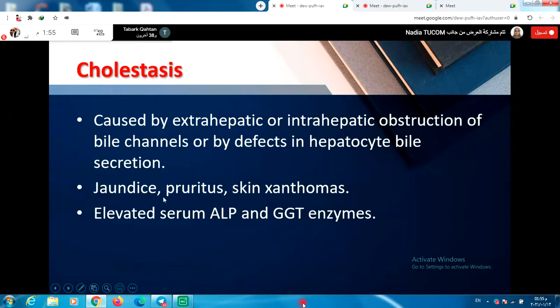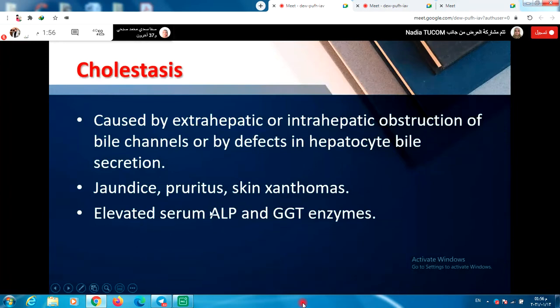Jaundice and pruritus are due to accumulation of bile salts within the skin, and skin xanthomas: cholesterol-rich bile secretion can accumulate as xanthomas, which are lipid-rich with associated foamy histiocytes in the skin.